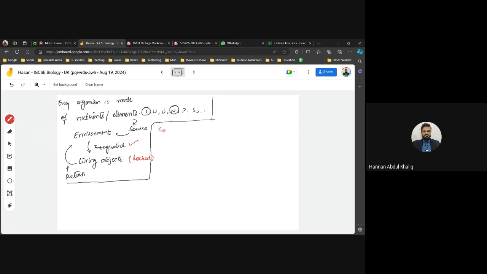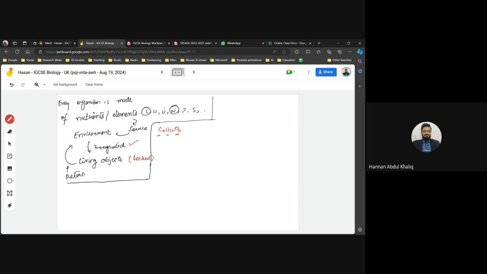Suppose C6H12O6. These are the symbols of three elements, three nutrients. But in fact, if you see them separately, you have captured 24 of these elements: 6 carbon, 6 oxygen, 12 hydrogens.